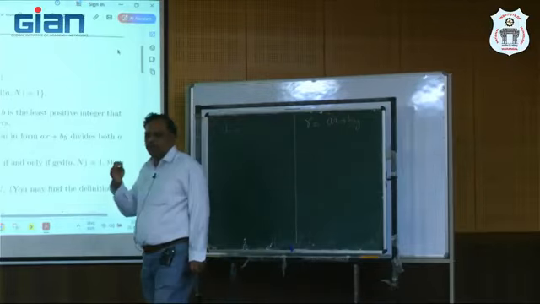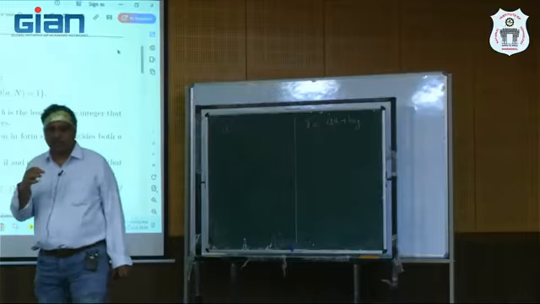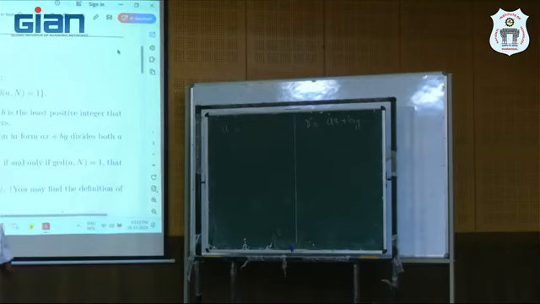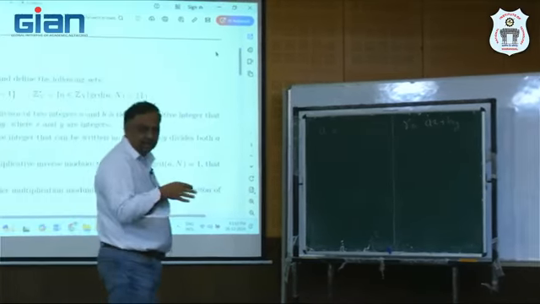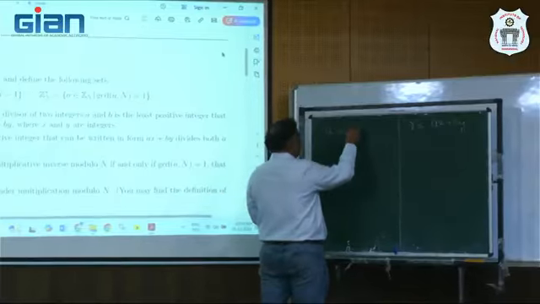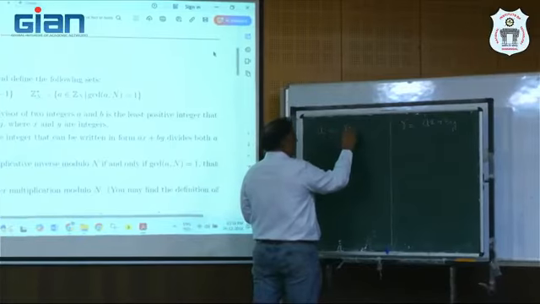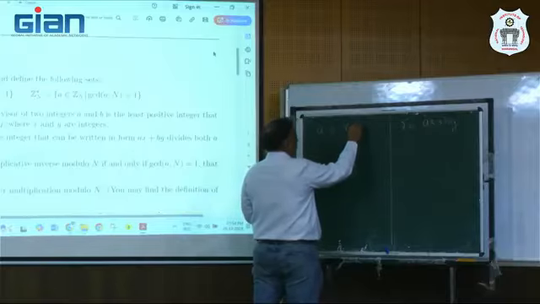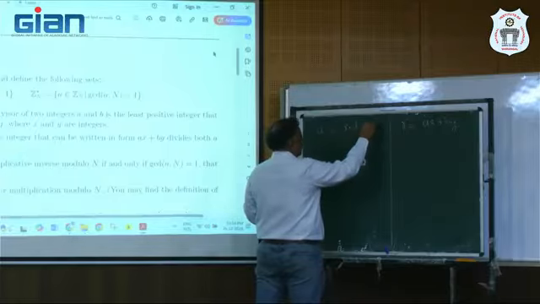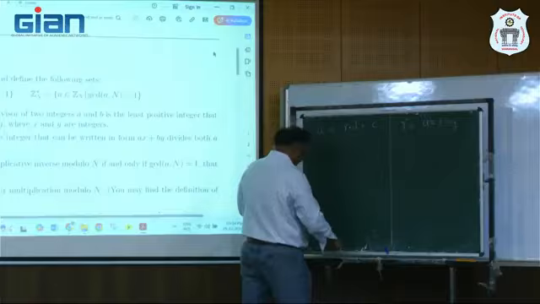Which could have been written in this form, and it was the smallest non-negative number. But it was not dividing A, correct? That means what? You can write A as R times some D plus C, correct?